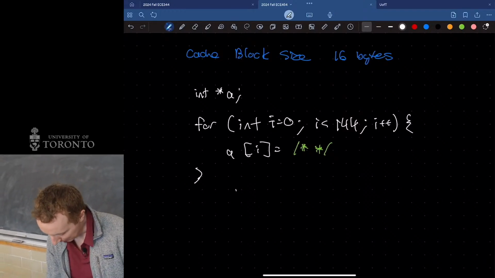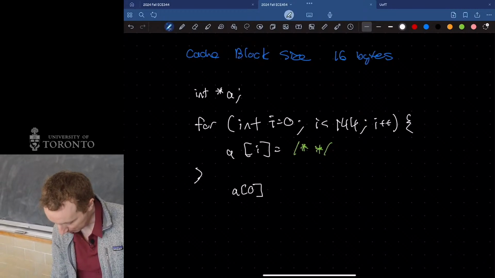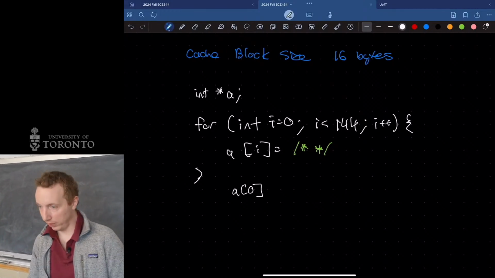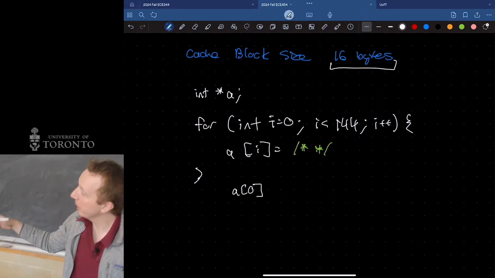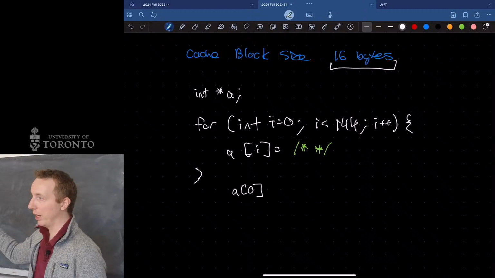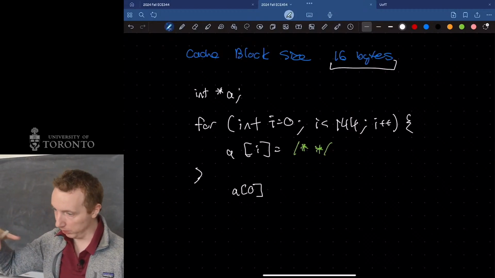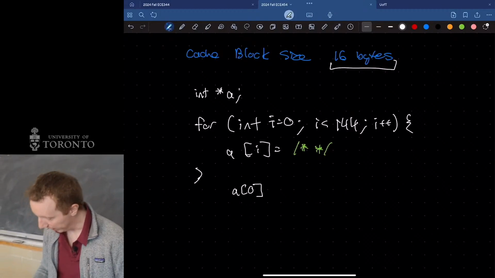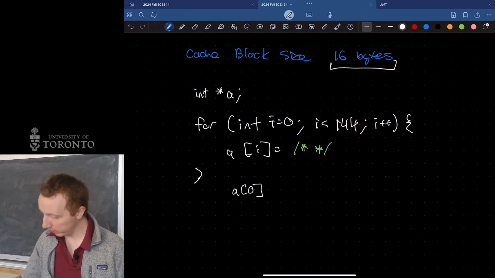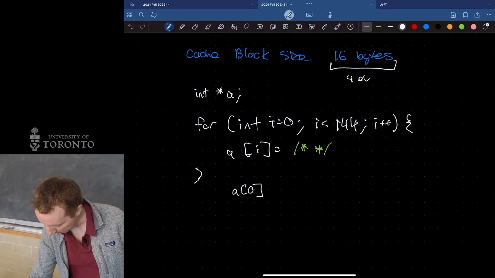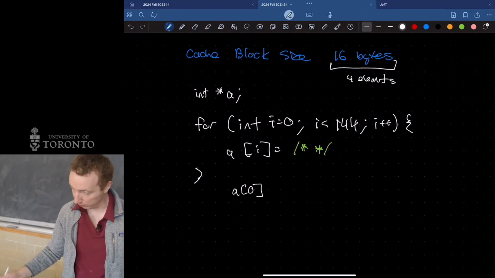So if I access A0, well, that's going to be a miss, nothing I can do about it. And then I can figure out, assuming that my array starts cache aligned and everything like that, which we would tell you, then if I miss on A0, it's going to bring in 16 contiguous bytes. That's going to hold 4 elements of this array because ints are 4 bytes.